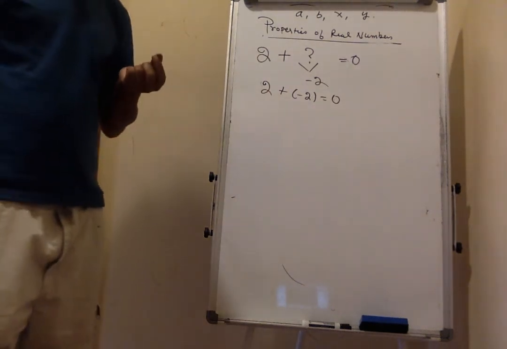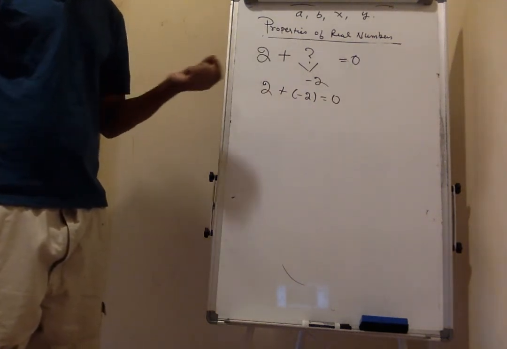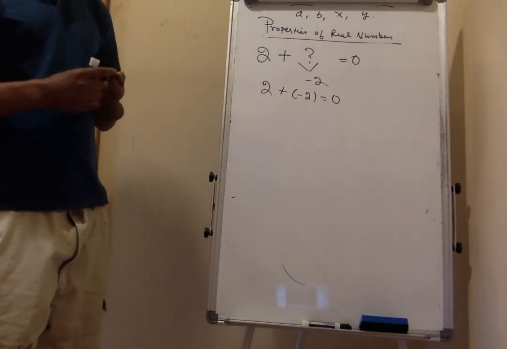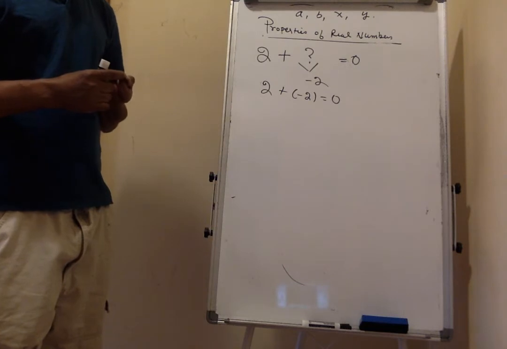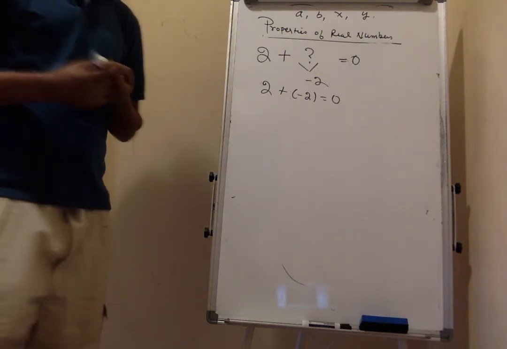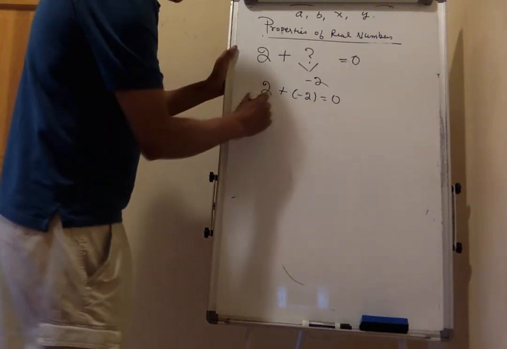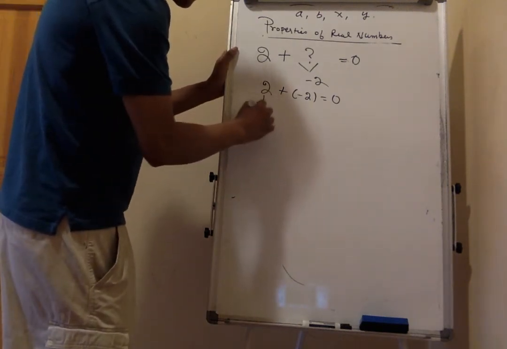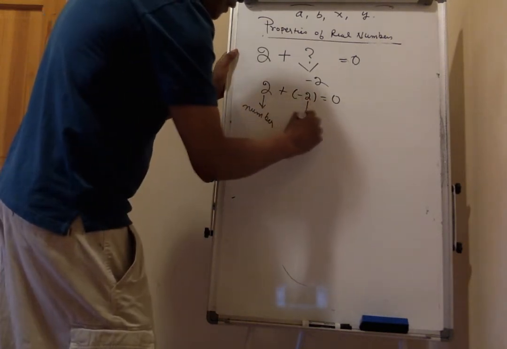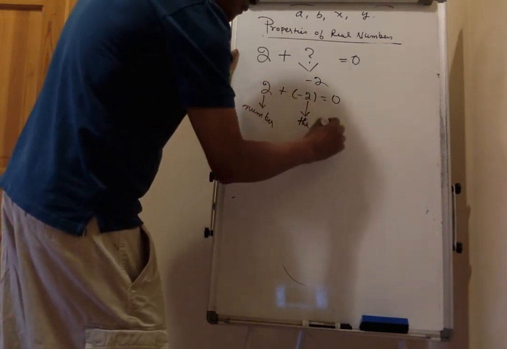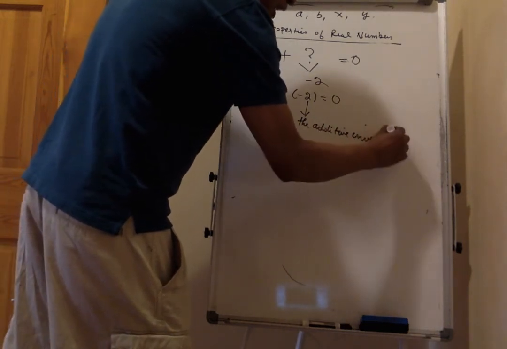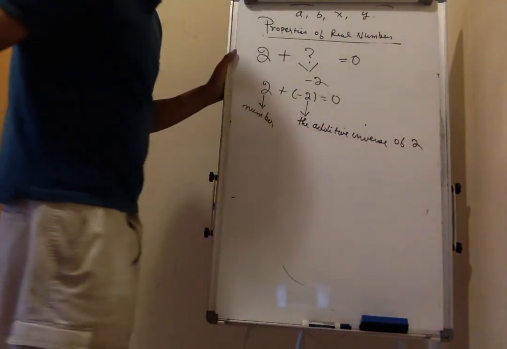So any two numbers that, when combined together, added together, give us 0, they become additive inverses of each other. So if 2 is a number, then negative 2 is the additive inverse of 2.